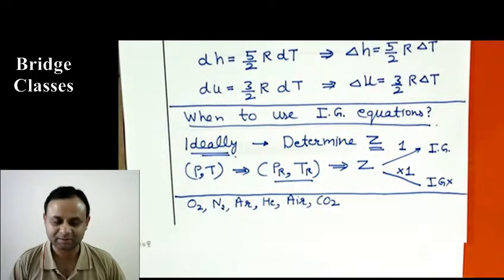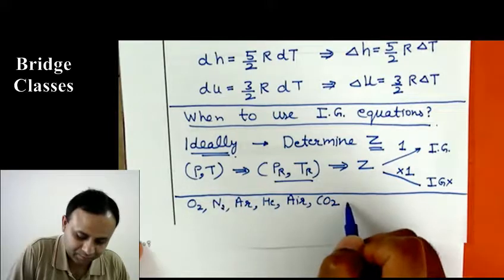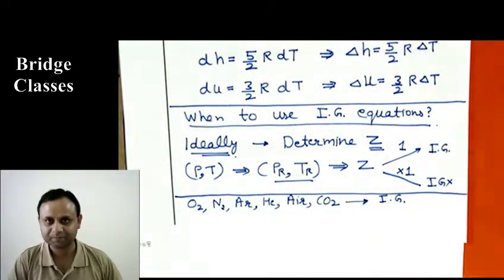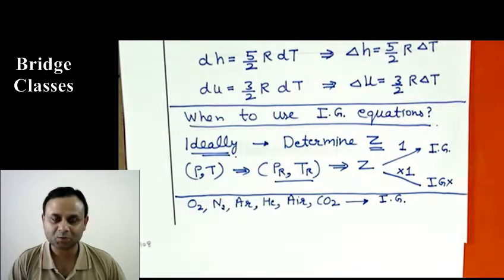Numbers are given in that way. So we can safely use the ideal gas law. Or alternatively, the problem will say that you can use the ideal gas model for this situation.